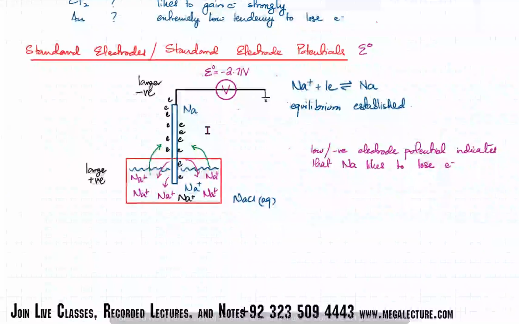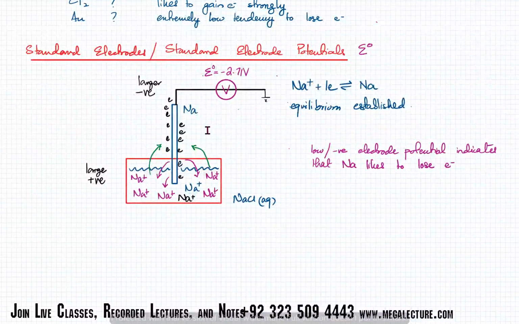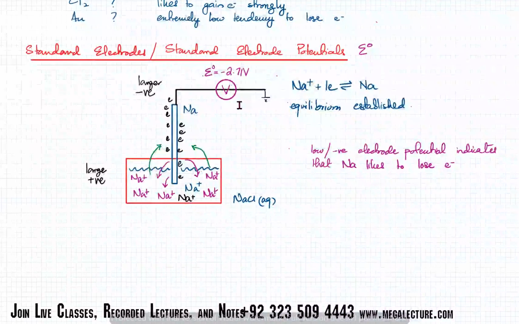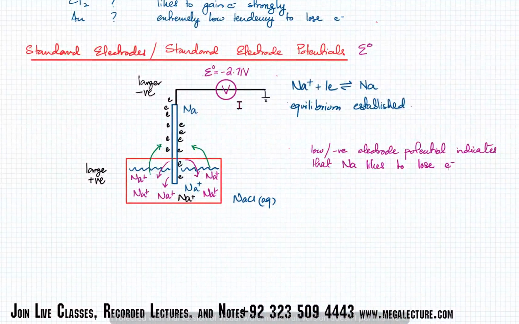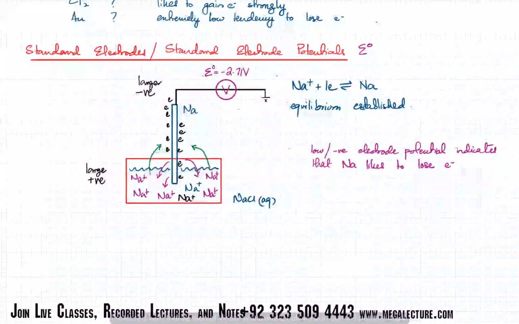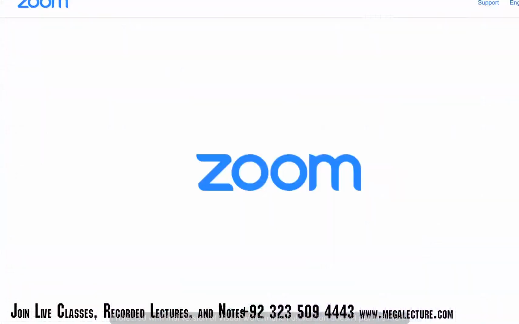Sodium's less reactive than potassium. Potassium is more reactive, right? So what would be the potential on potassium? Just guess. It would be larger, more negative, because it's going to produce a lot more electrons. So there's going to be a lot more electrons. It's going to be more negatively charged, right?